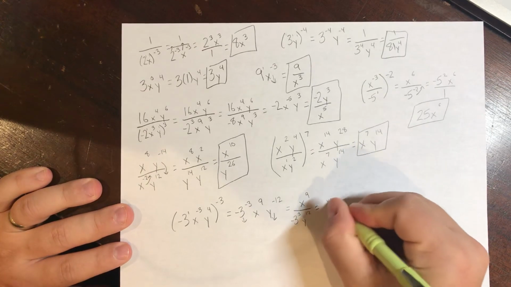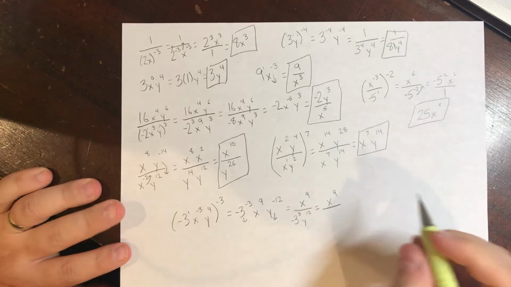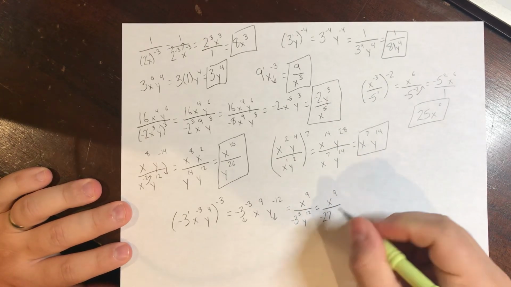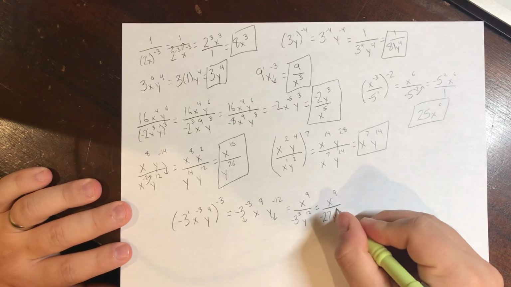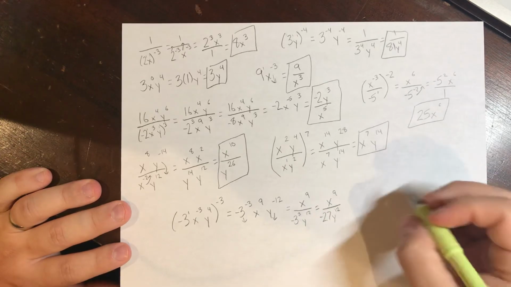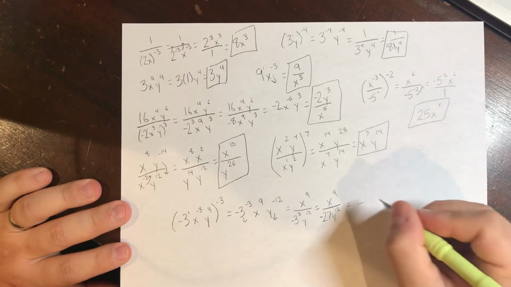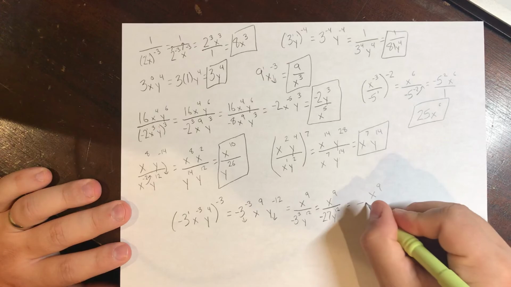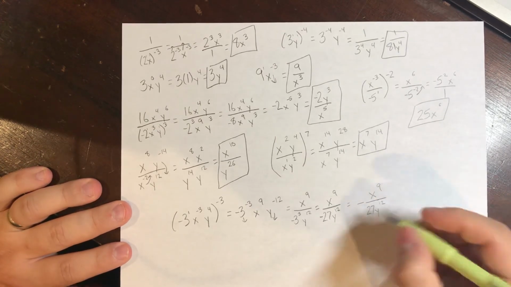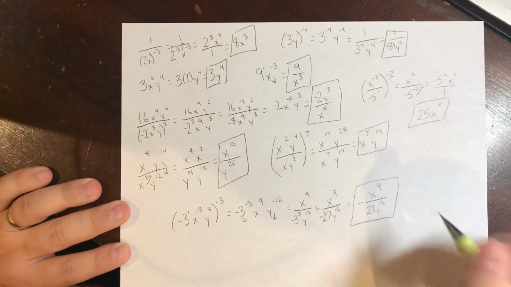So that's x to the 9th over negative 3 to the 3rd, which should give you negative 27, y to the 12th. And just to clean that up, I'm going to bring that negative out in front, just because I like to write it a little clearer like that. And that should be our answer.